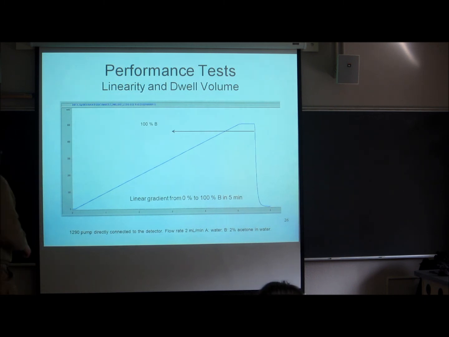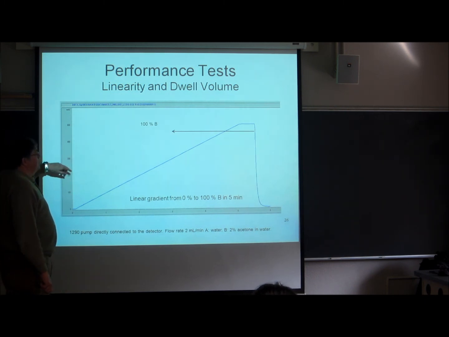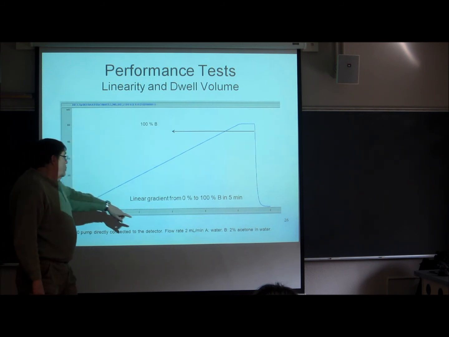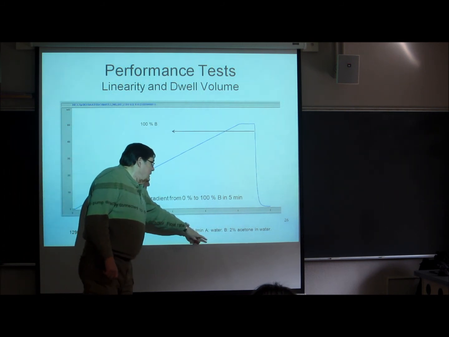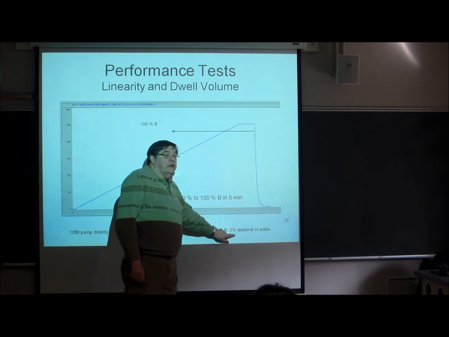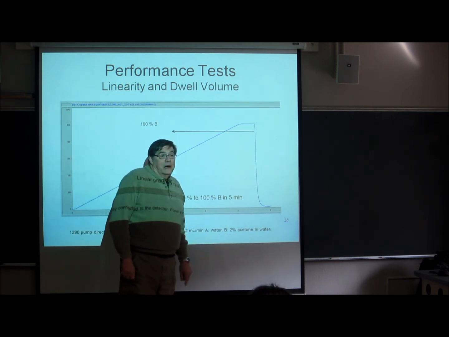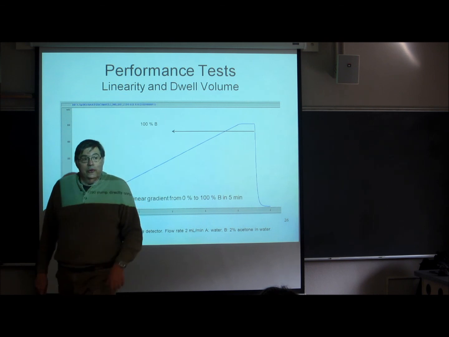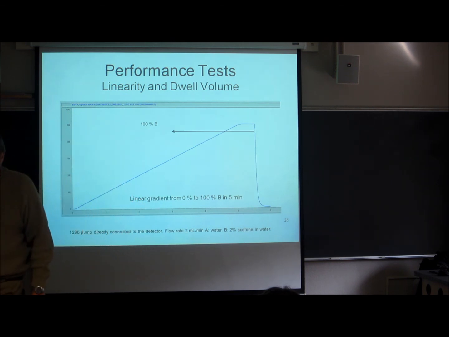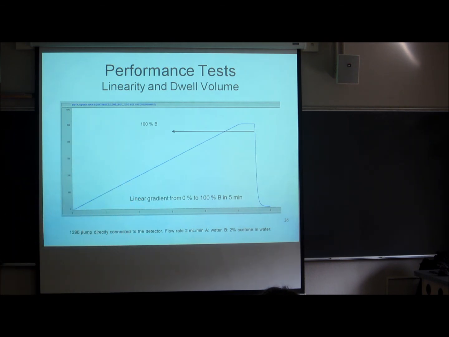So that's what this is about. This is the signal. We use water as our initial solvent, and then our second solvent is 2% acetone in water. And we monitor, now acetone has a ketone group, so it's a chromophore, and it shows up at maybe 270, around where ketones usually show up. And it's a nice big signal.